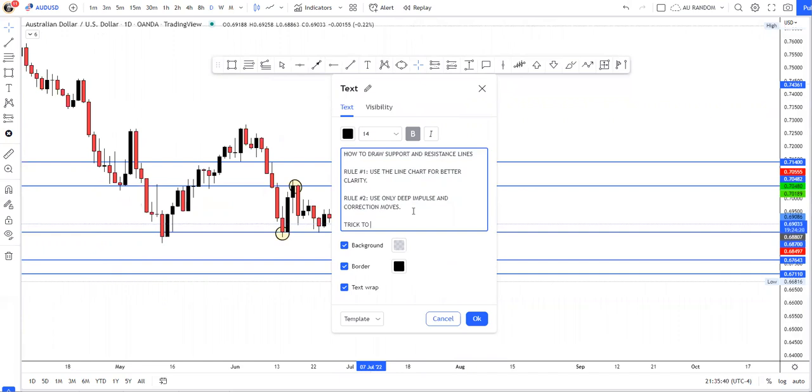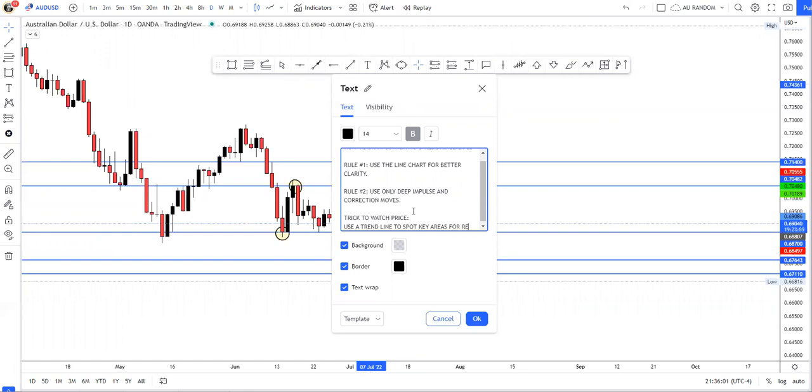Trick to watch price: use a trend line to spot key areas for rejection. Boom, that's it, right? Rejection, that's it.